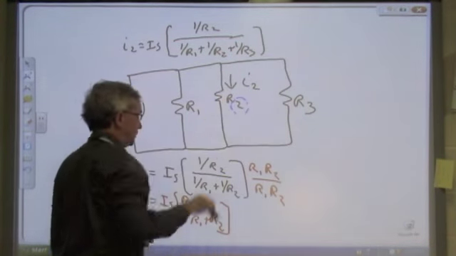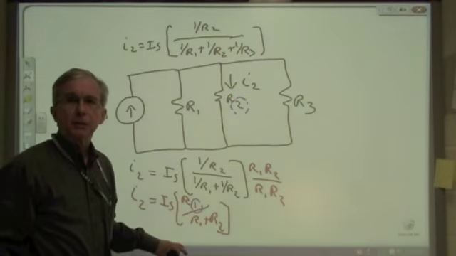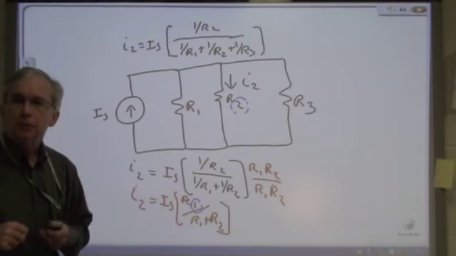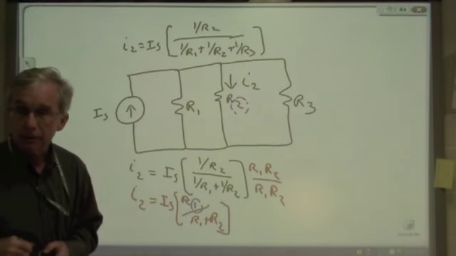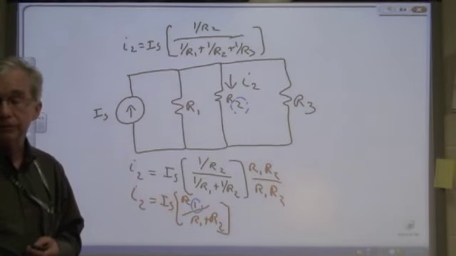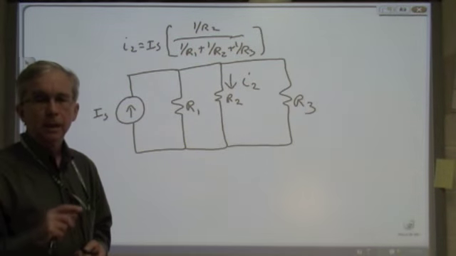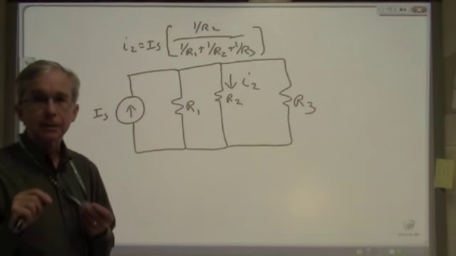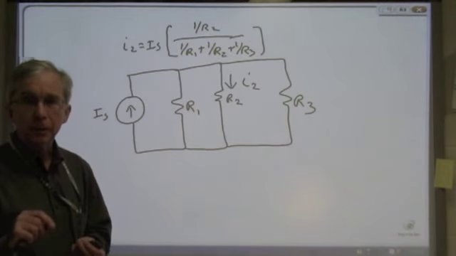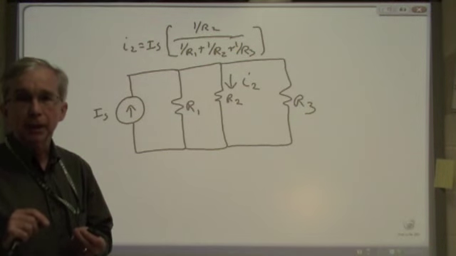So this handy little equation written on the bottom of the screen only comes into play when we have just the two resistors in parallel, which is nevertheless a fairly frequently encountered situation. And we must emphasize that the current division equation only applies when the resistors are in parallel.